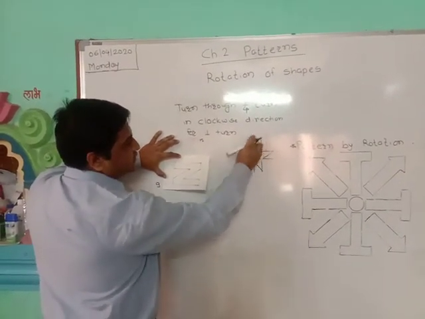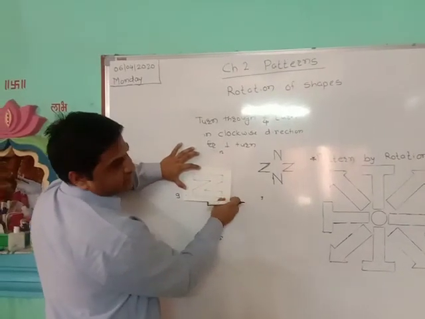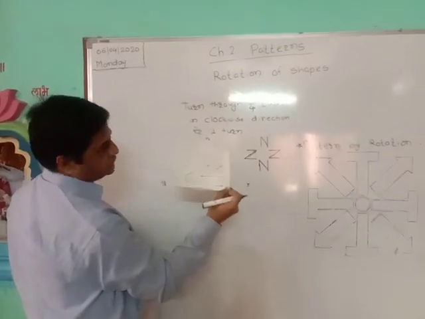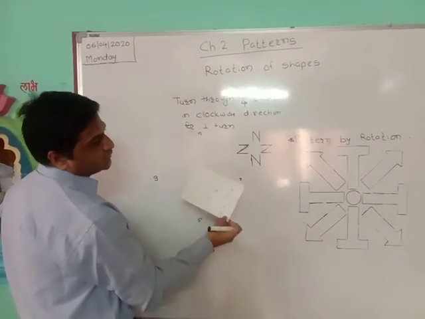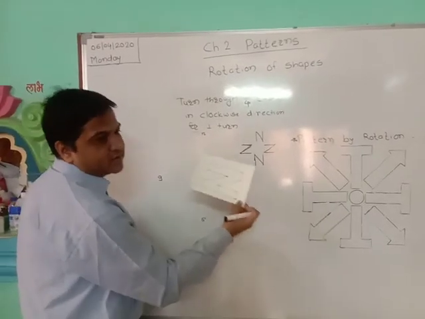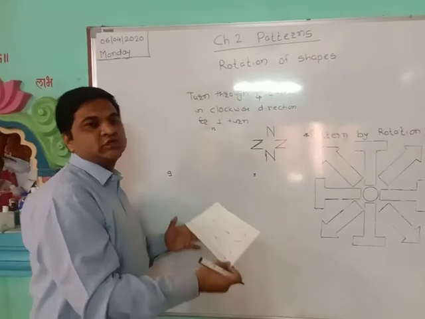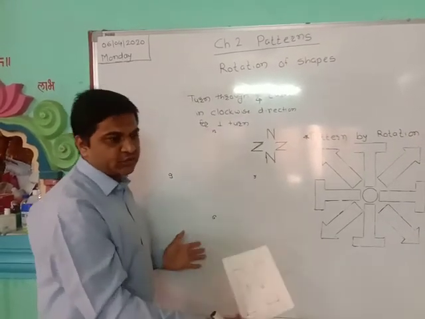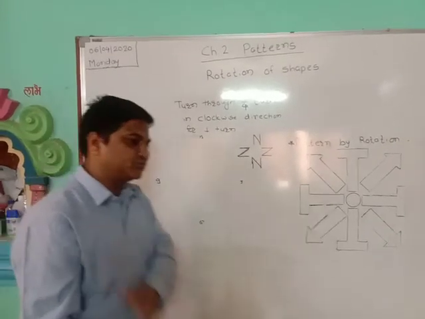So you can see N and N, Z and Z. So we can say that N is a rotationally symmetrical shape. It looks like the original when it is rotated through a fixed amount and at a regular interval. The easy way of turning a shape is to draw it on a page and turn it to the given amount.